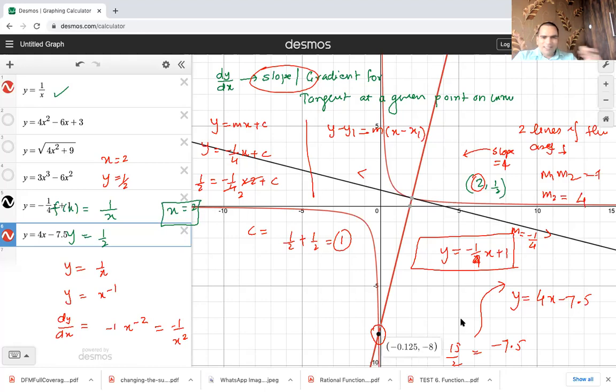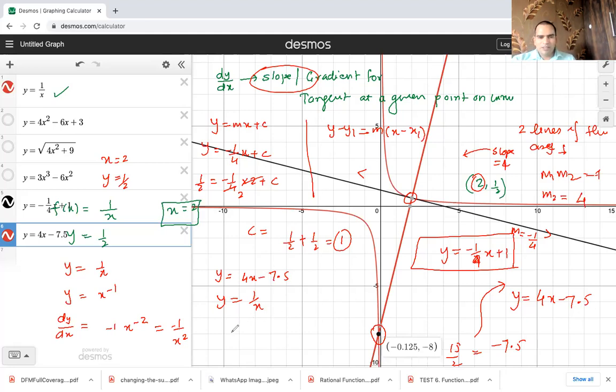So the logic here is: I have y equals 4x minus 7.5, that's one equation, and the other equation is y equals 1 upon x. Using the logic of simultaneous equations, one intersection point is this, the other point is this. So I will solve these simultaneously.